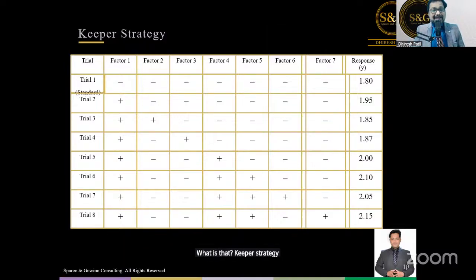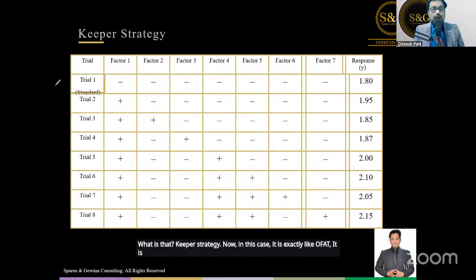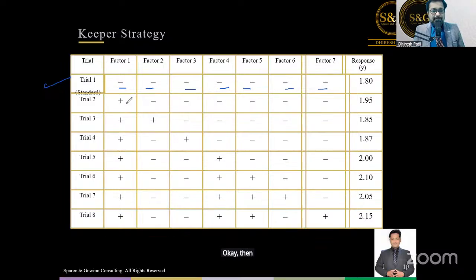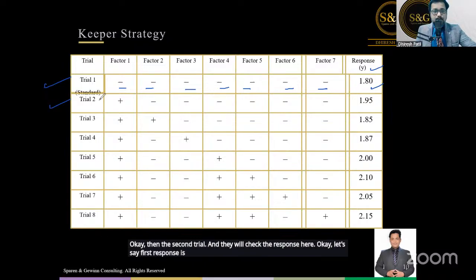Now, in this case, it is exactly like OFAT. Like the first setting is all minus signs. Then the second trial, and they will check the response here. Let's say first response is 1.8.